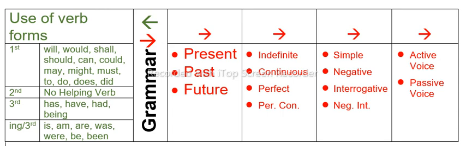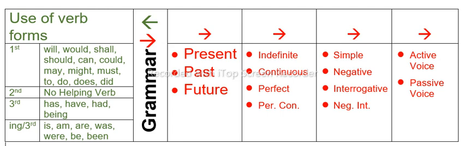Actually, when we want to learn English, we are requested to learn grammar, and if we agree to learn it in the very beginning, we are taken onto the red side of this table. And of course you find there present, past, and future.